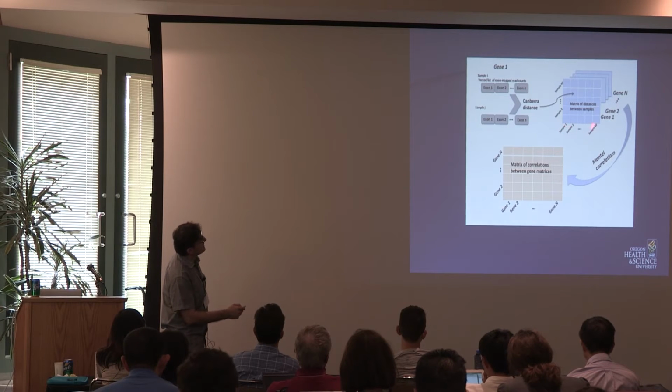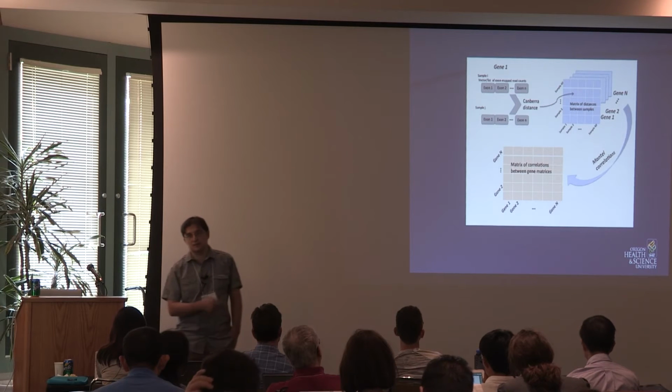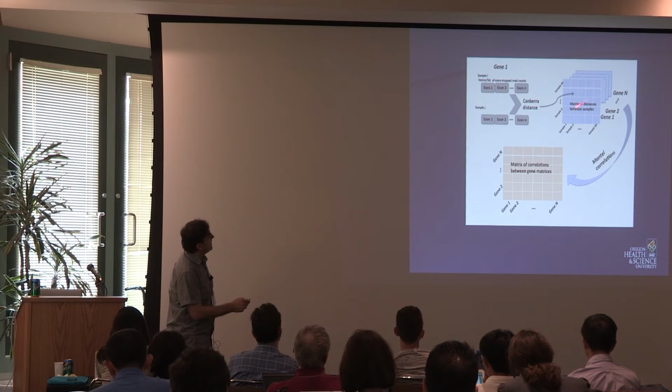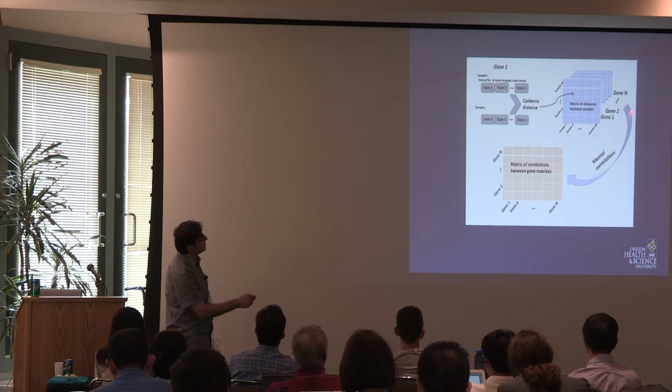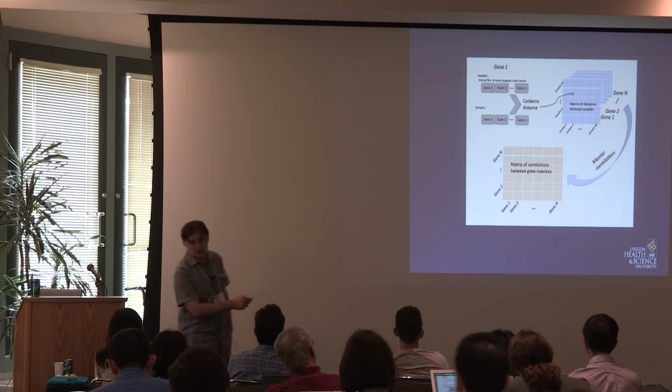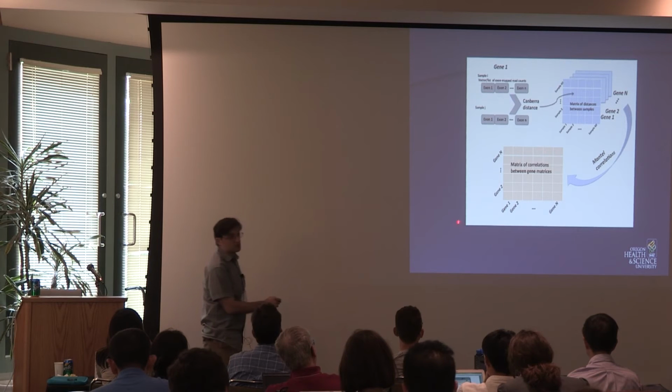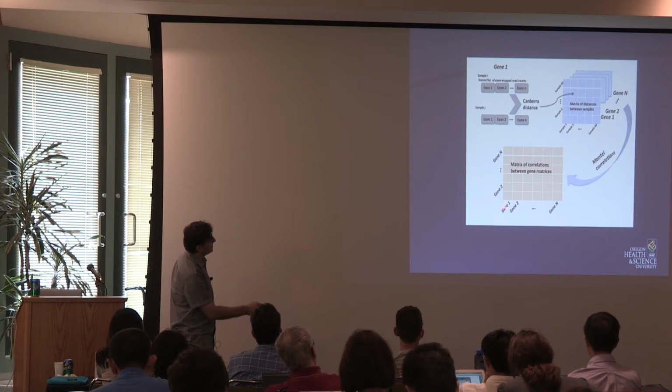Here you have the samples, and here is how related they are according to this particular gene. Now you have n matrices, and you just correlate them pairwise. Each gene gets correlated with every other gene. And at the end of the day, you have your adjacency matrix. So here you have genes and genes.